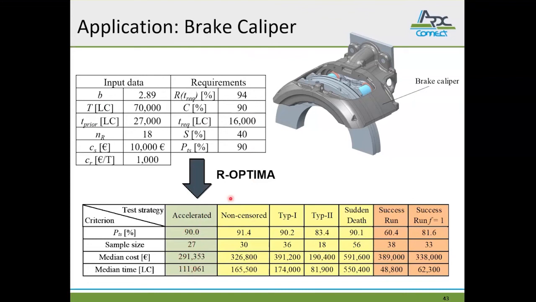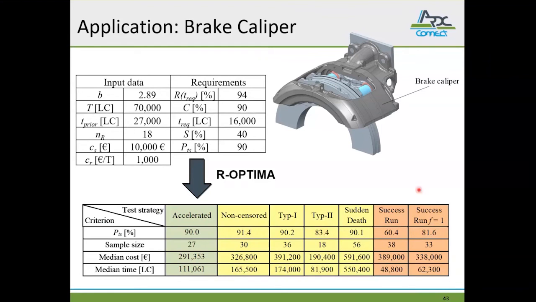If we look at the end-of-life test strategies, we see that we either have the requirements fulfilled, but then higher cost and higher time, such as the non-censored test. For the type 2 censoring test, we cannot fulfill the reliability requirement. So this is cheaper and shorter, but it doesn't fulfill the requirement.